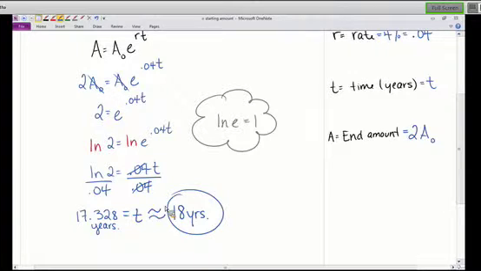If you're rounding it down, you're not going to double your money. It depends on what the question is asking you. They may ask you for the exact value and not to round at all. Any other questions?